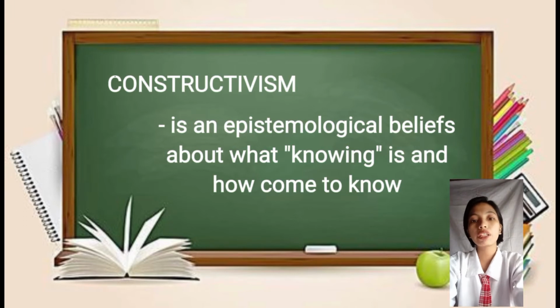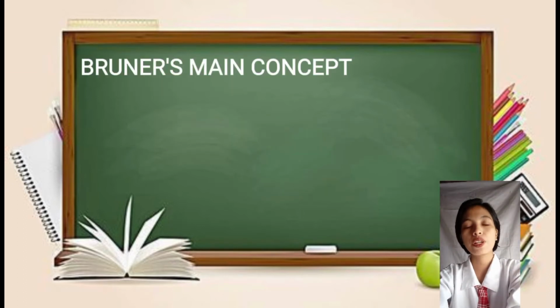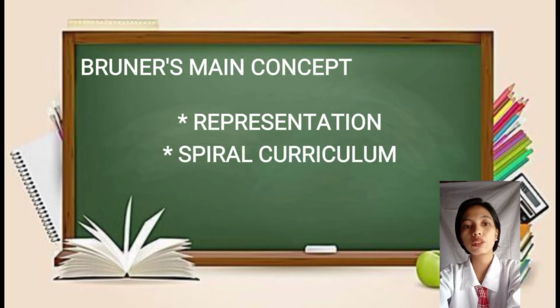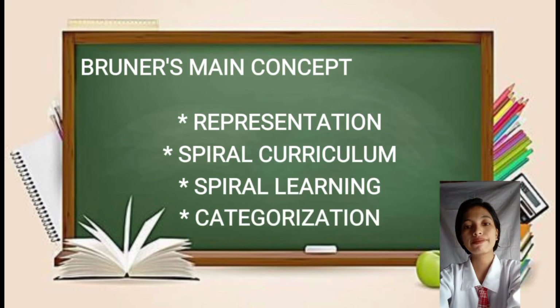And this prior knowledge influences what new or modified knowledge an individual will construct from new learning experience. So let's proceed to Bruner's main concepts, which are representation, spiral curriculum, spiral learning, and categorization.